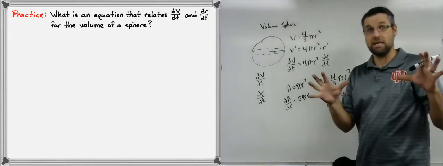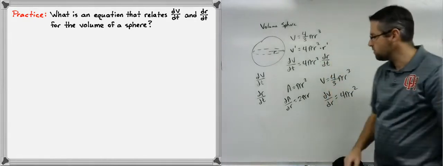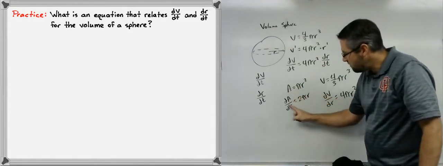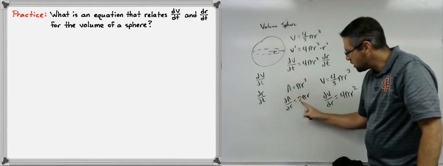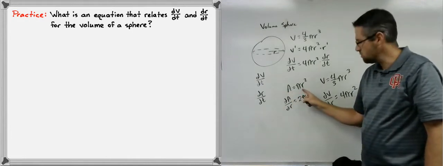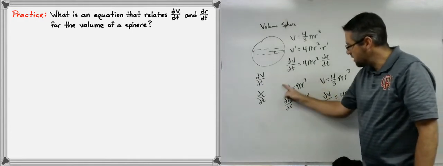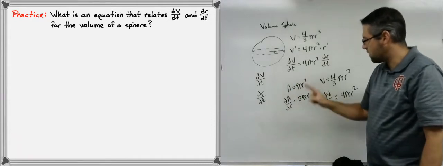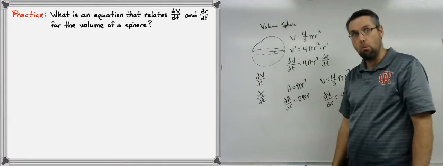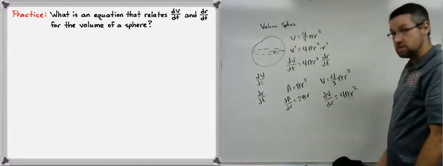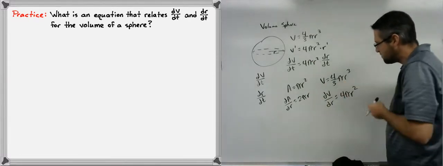Now, you should see the connection here. Isn't it amazing? It should just blow your mind that the derivative of an area equation is the circumference of that circle. If the area of a circle is pi r squared, then the derivative of that area with respect to r is the circumference of that same circle. Here, look at this. You may not see this directly, but this is the volume of a sphere.